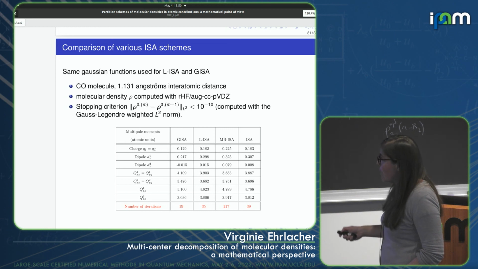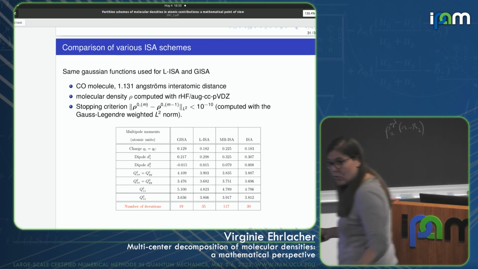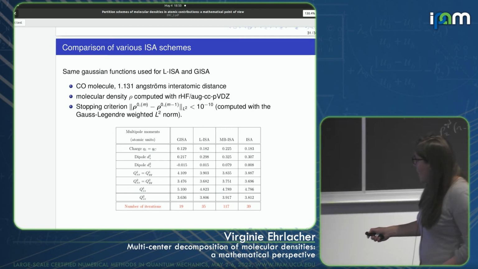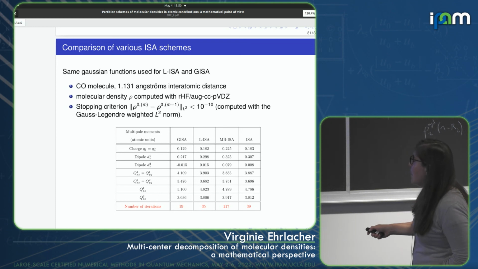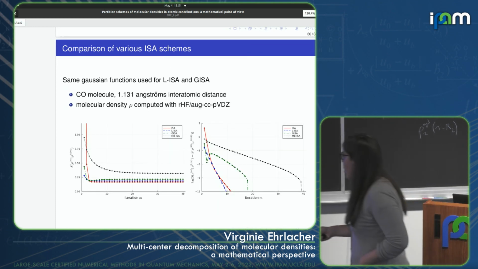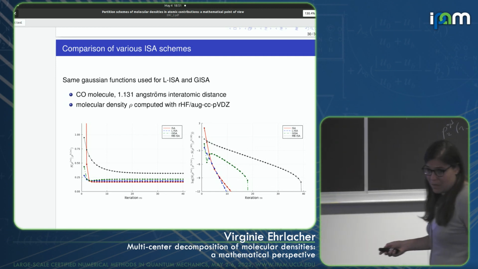But the GISA, remember, is the one which breaks the variational structure, and for which you cannot guarantee that the entropy decays. And when you look at the limit entropy, its value is larger than for the ISA and LISA methods.